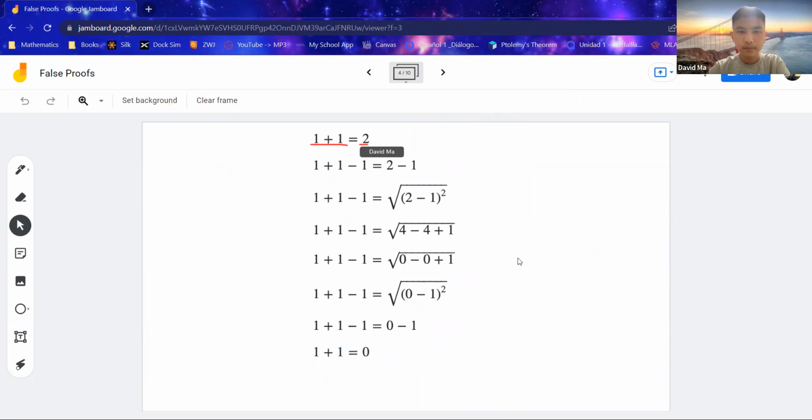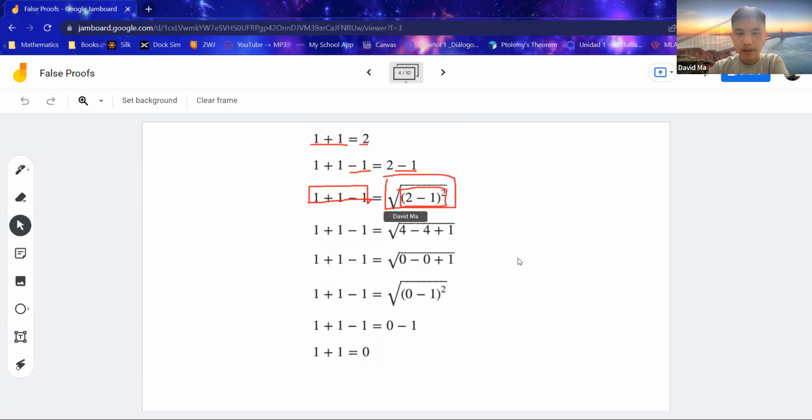So start with 1 plus 1 equals 2. That's right, right? And then we subtract 1 from both sides. So 1 plus 1 minus 1 equals 2 minus 1. And then we keep the left-hand side the same. But on the right-hand side, we square the original number and then add a root outside of it.